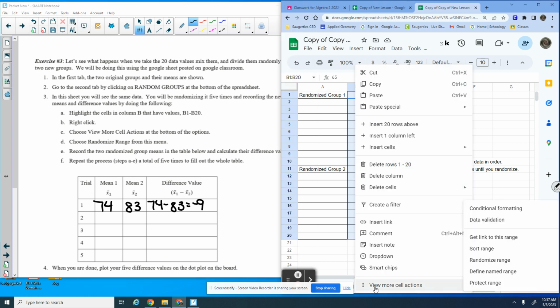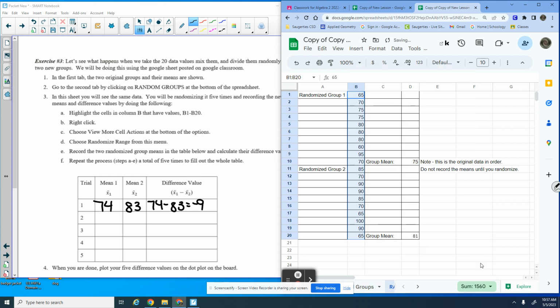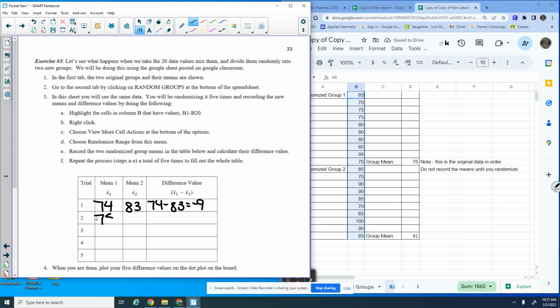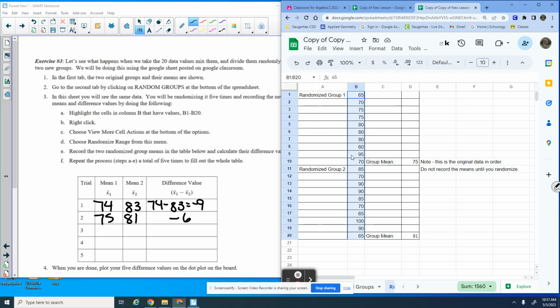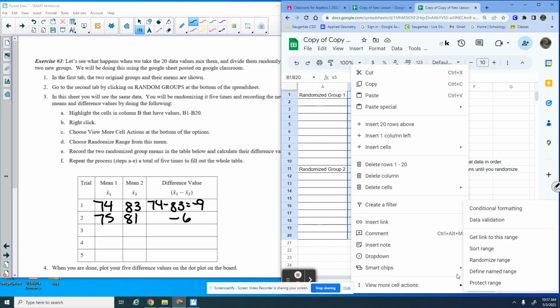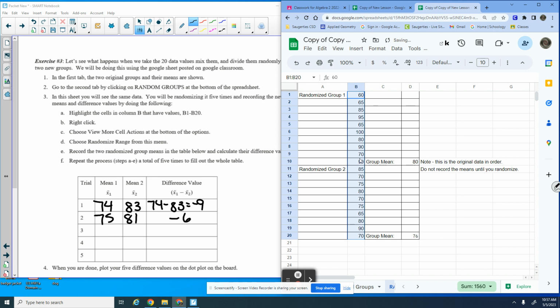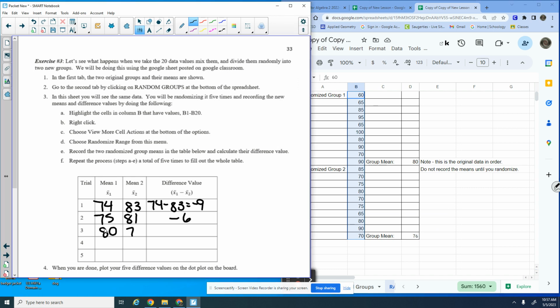Right click, view more cell actions, randomize range. Here I had 75 and 81. Subtracting them would give me a negative 6. And you should try this a couple of times yourself. Okay, 80 and 76 is positive 4 this time, right?